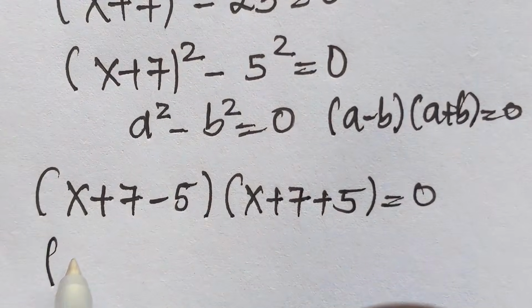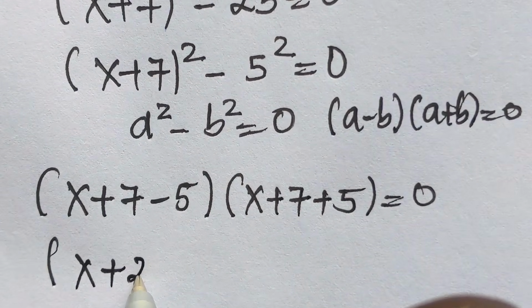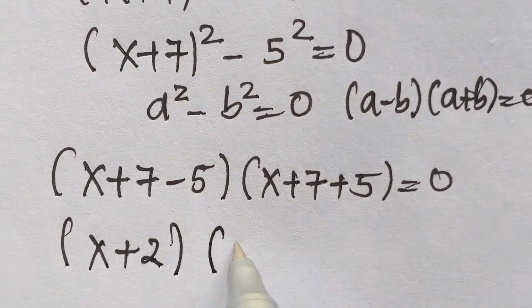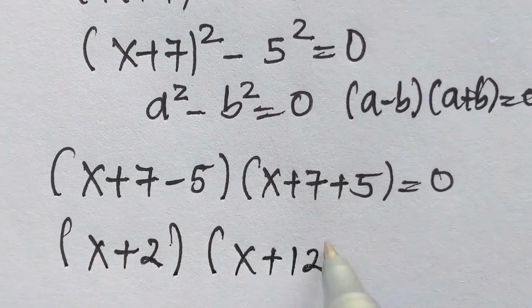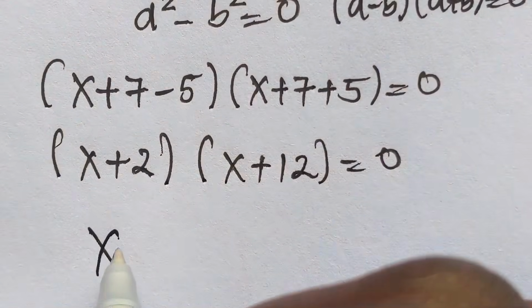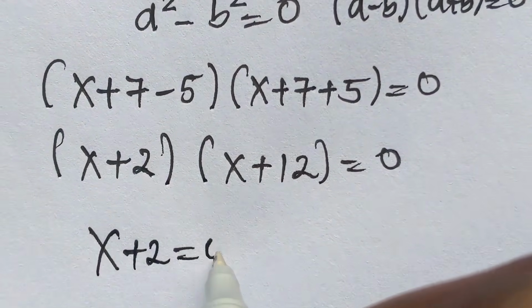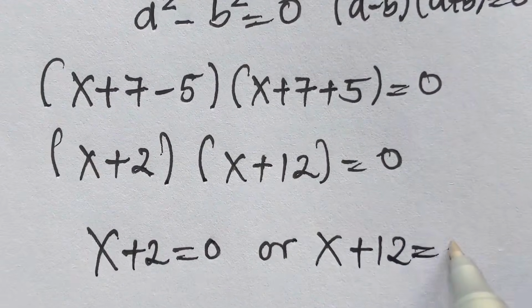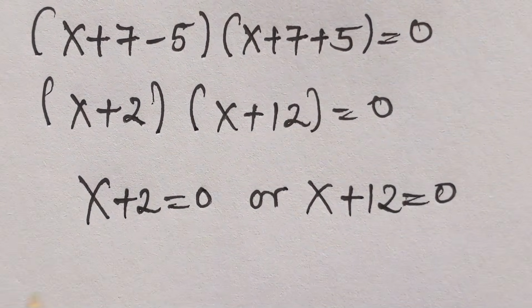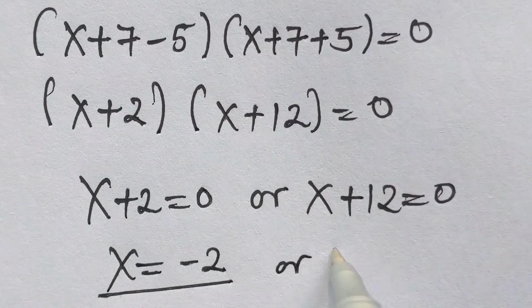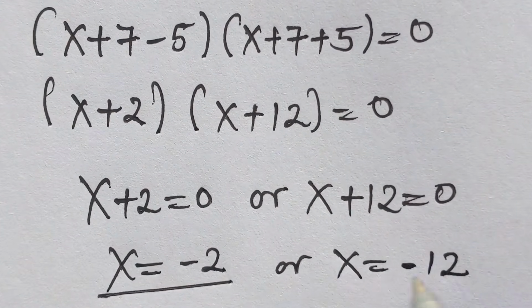And of course this will be x plus 2, and here will be x plus 12, which is equal to 0. So we shall write x plus 2 equals 0, or x plus 12 equals 0. So our x will be negative 2, or our x will be negative 12.